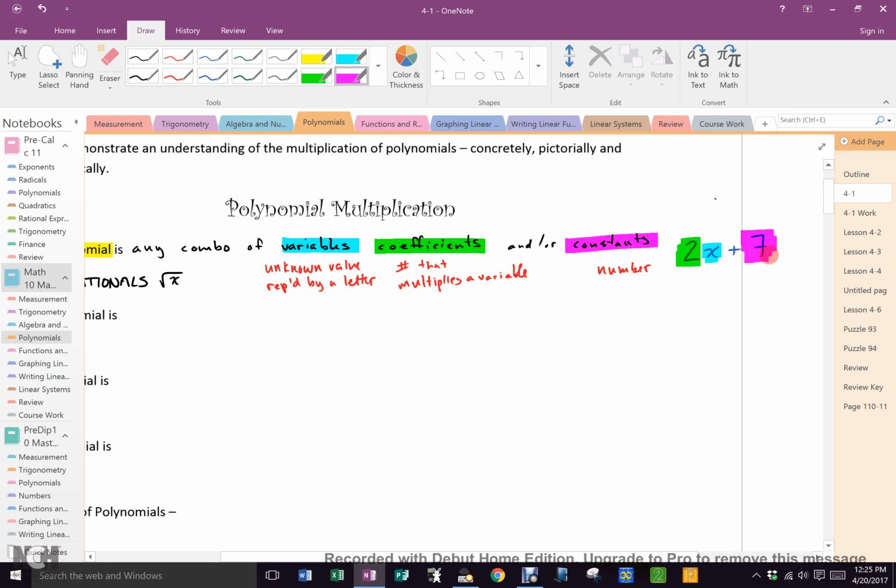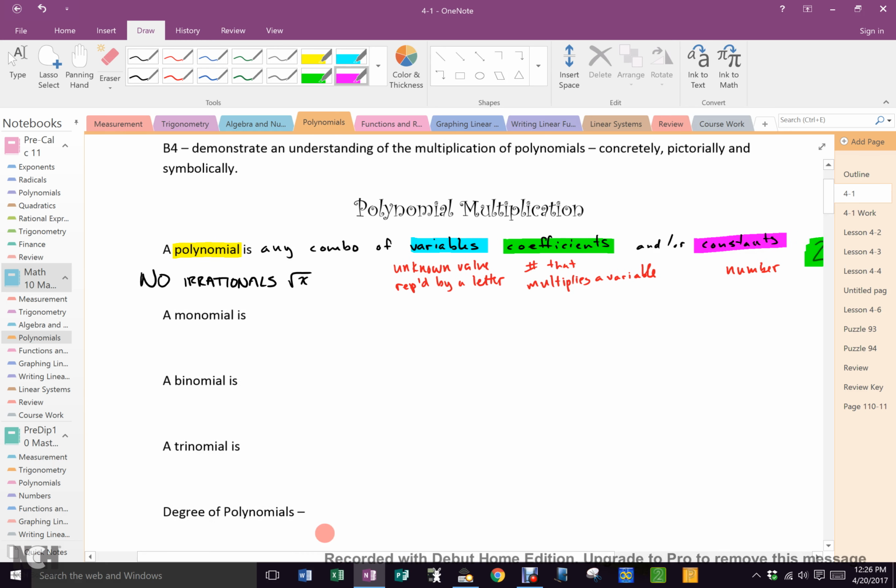Does everybody understand? Can it have more than one variable? Yes. Can it have more than one coefficient? Yes. Can it have more than one constant? Yes. That is the simplest polynomial that has all three. Everybody cool?